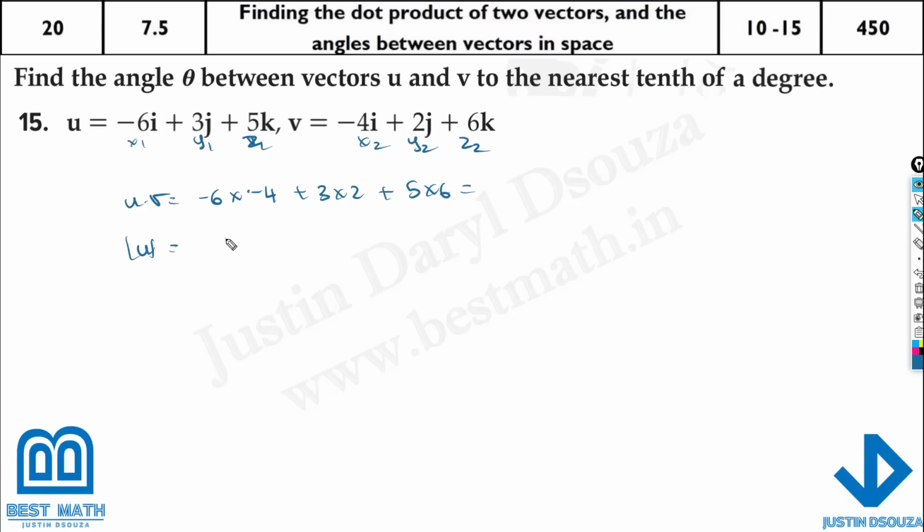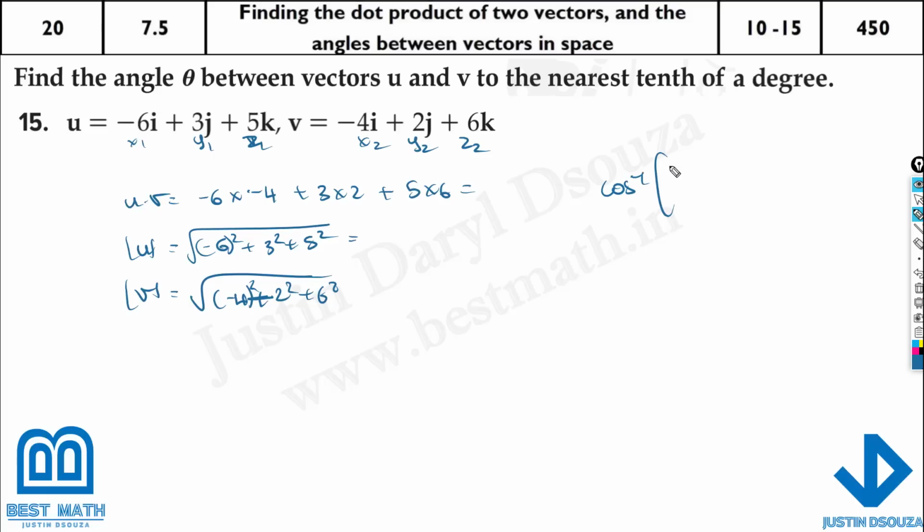Magnitude of u would be square root of minus 6 the whole squared plus 3 squared plus 5 squared. Magnitude v would be square root of minus 4 the whole squared plus 2 squared plus 6 squared. So lastly, cosine inverse of theta is equal to, the angle is u dot product v by u v.